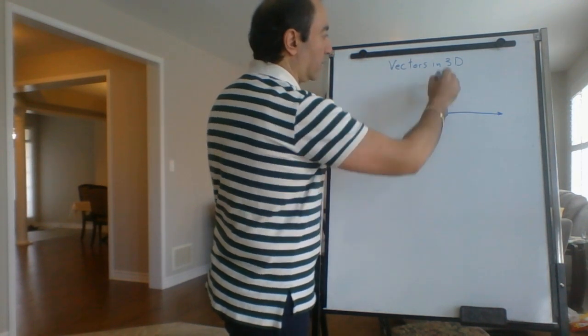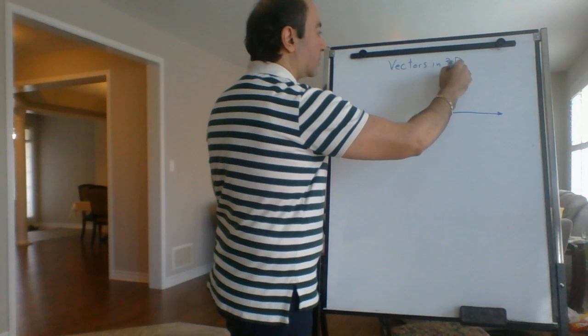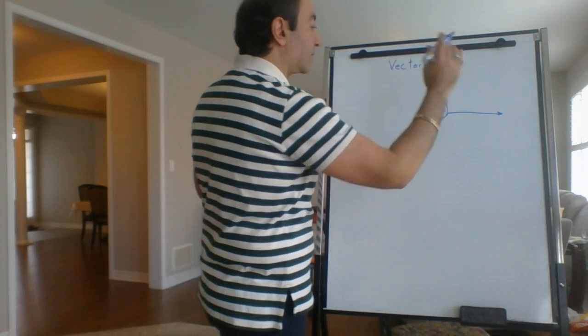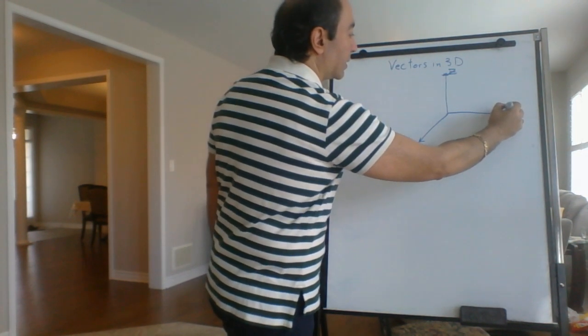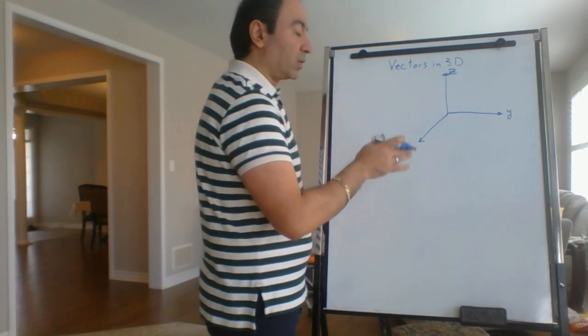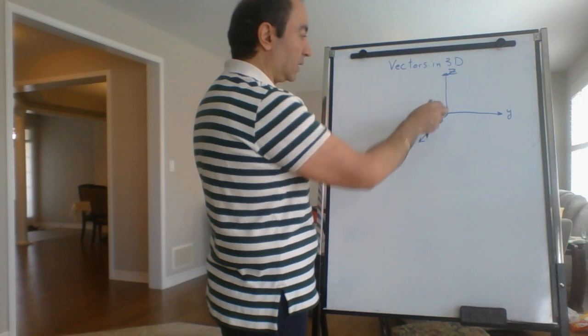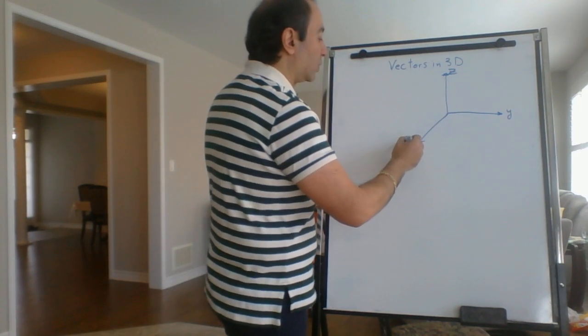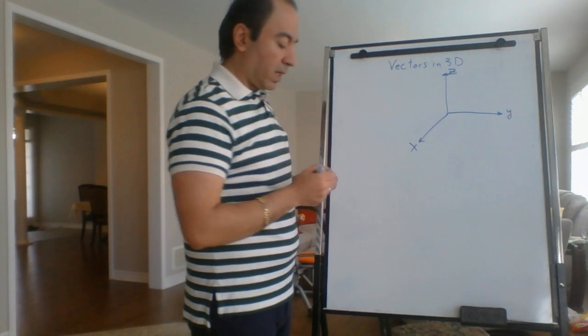This is the z-axis that's going to the ceiling. The one that's facing you is the y-axis. The one that is coming towards you, this is not 2D, this is going out. So this is the x-axis, okay?